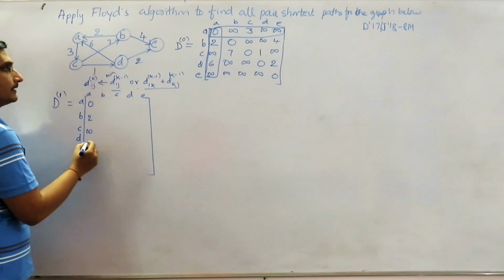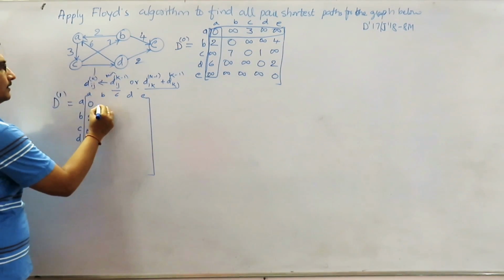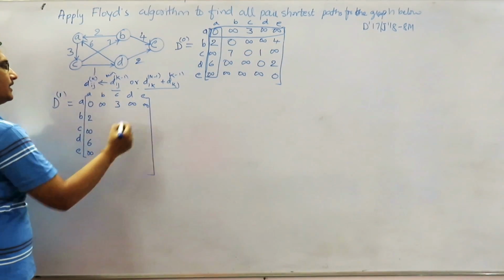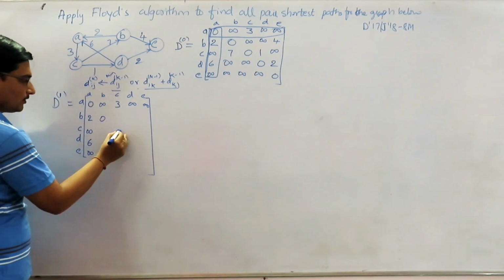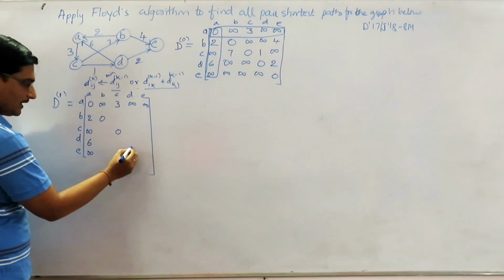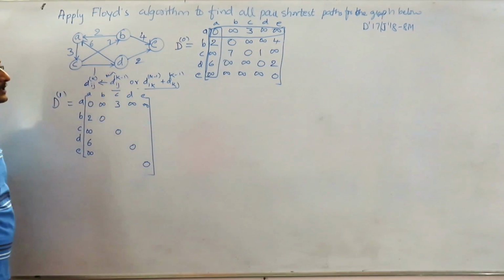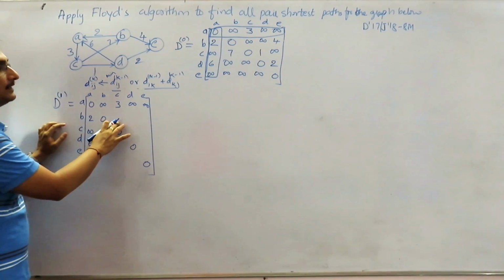Directly we can write that: infinity, 3, infinity and infinity. Also the diagonal is not going to change, because distance to the same vertex will be 0. Now let us see. The earlier entry for this is infinity.